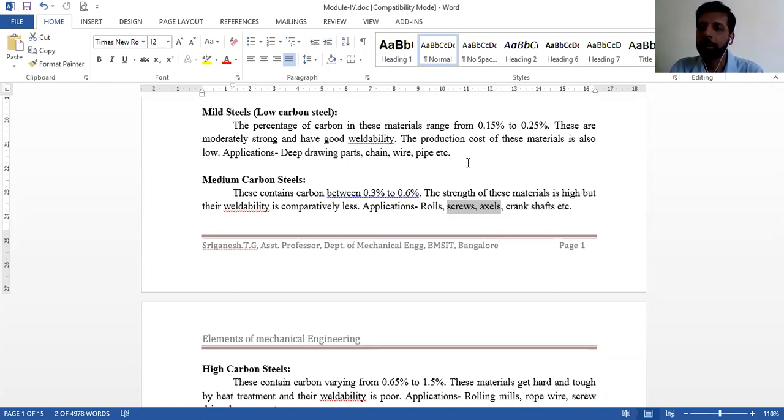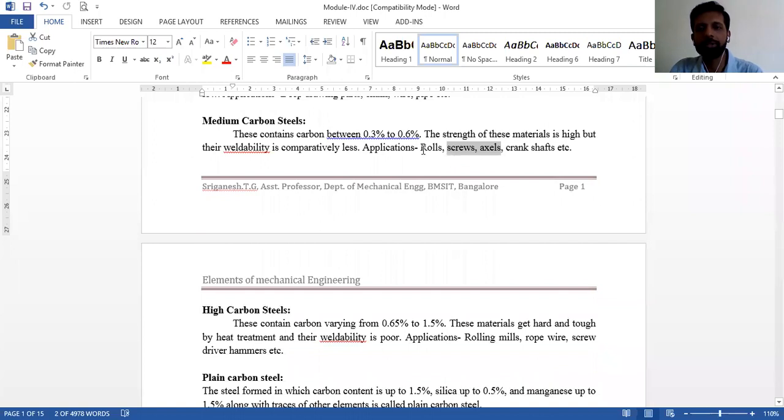Based upon the properties, and how they are going to behave, we can decide in which application we can use a particular material. Unless we know the properties of that particular material, it is not easy for us to decide where and for which application we can use it.